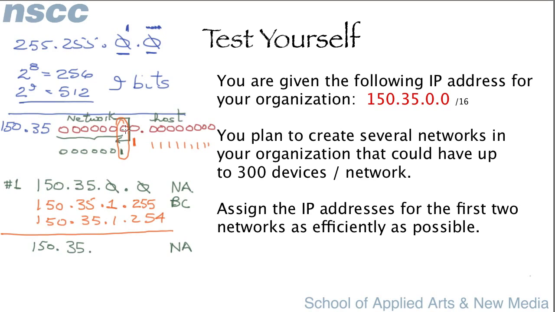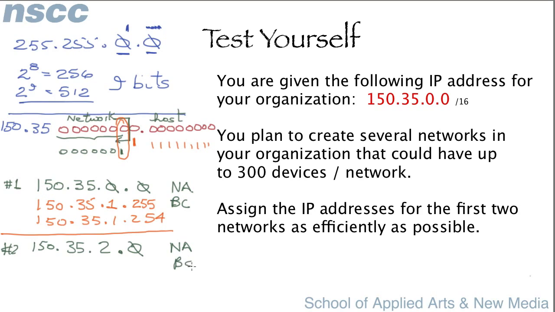Now, this is a 1, this is a 0, 1 and 0 is 2, so I have .2. These are all 0, so 2.0. And we can also see in a counting sequence that this went from 0.0 to 1.255. We would see that the next address in logical sequence is 2.0. So this makes sense for network number 2.